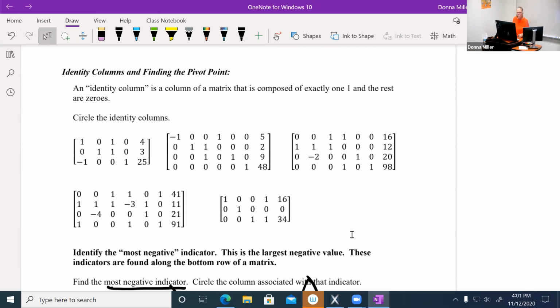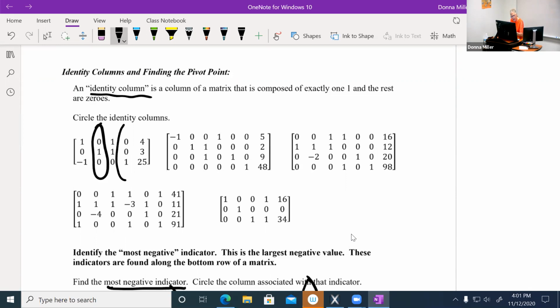Once you write this, you're going to use that information to write something called the augmented matrix, and you're going to work this program. You're either going to work with the calculator called Simplex, or on a website online, depending on what you choose. First of all, let's talk about identity columns. An identity column is a column that has a 1 and all zeros.